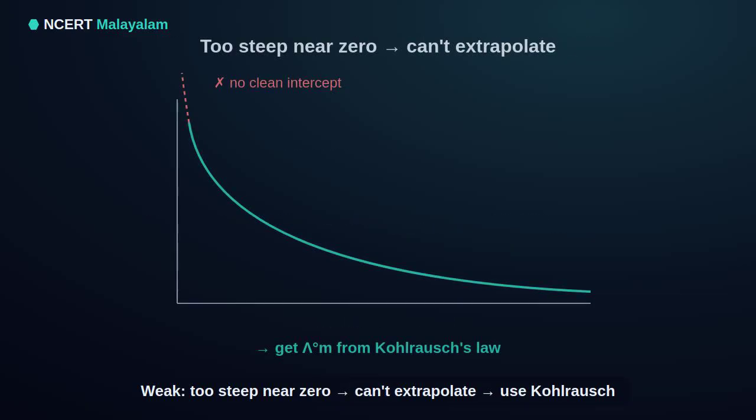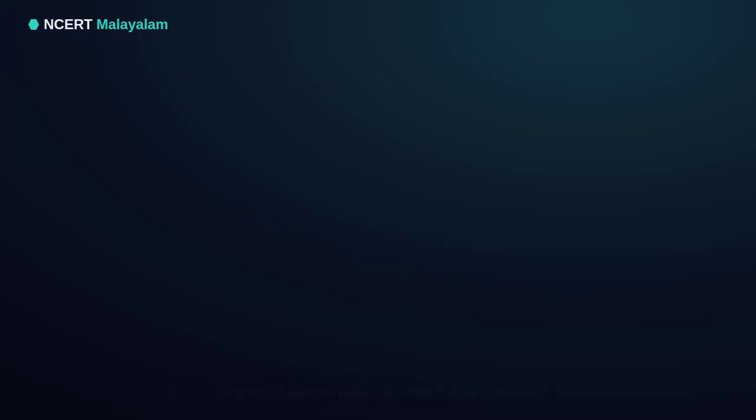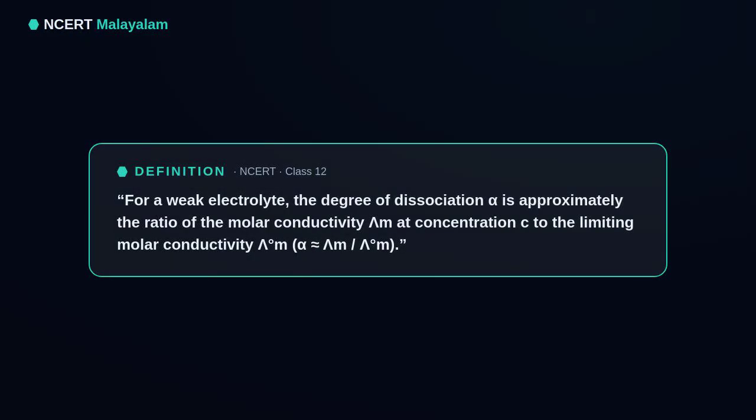This creates a problem. Because the weak electrolyte's graph shoots up steeply near zero, we cannot extend the line to find the limiting molar conductivity. For a weak electrolyte we find it using Kohlrausch's law. For a weak electrolyte, the degree of dissociation, alpha, is approximately the molar conductivity at a concentration divided by the limiting molar conductivity.